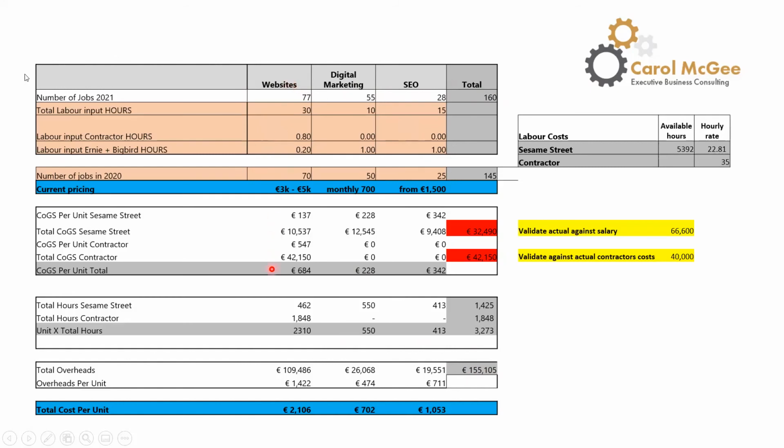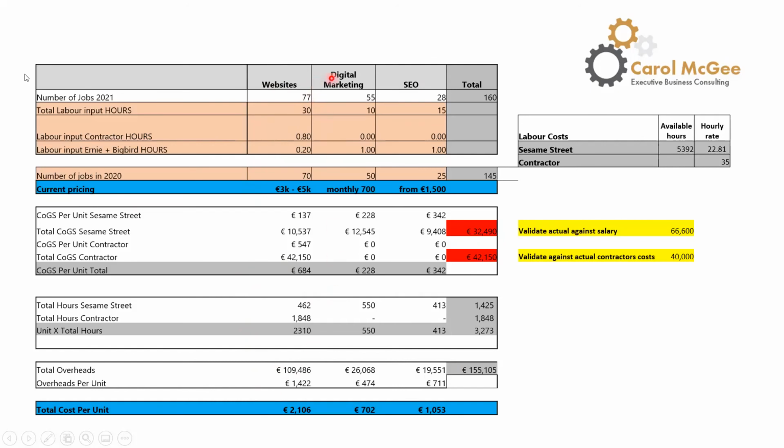So it's the hours that actually drive the cost. They're allocated on a proportionate basis of the hours used per the units, per the labor input hours that you have decided. And so this adds another €1,400 onto your cost per unit for websites, assuming 77 units for the period. So your total cost is 2,106.